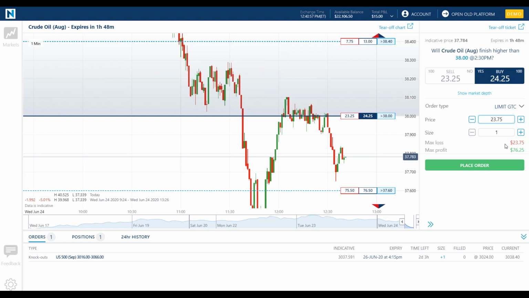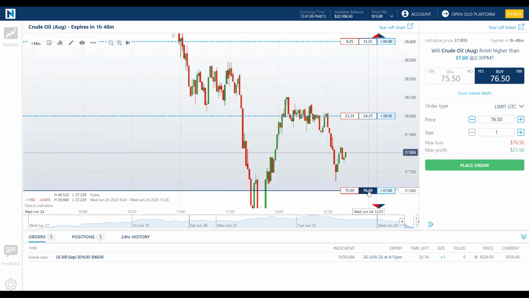Notice that when it's in the money, right now, the lower contract, 37.60, I'm going to click on that one for a second. It's already higher than that. We're at 37.80, it tells me the indicative price. So right now the market is saying there's a 76% chance that it will stay above here. If I thought it was going to settle above here, I could pay $76.50.